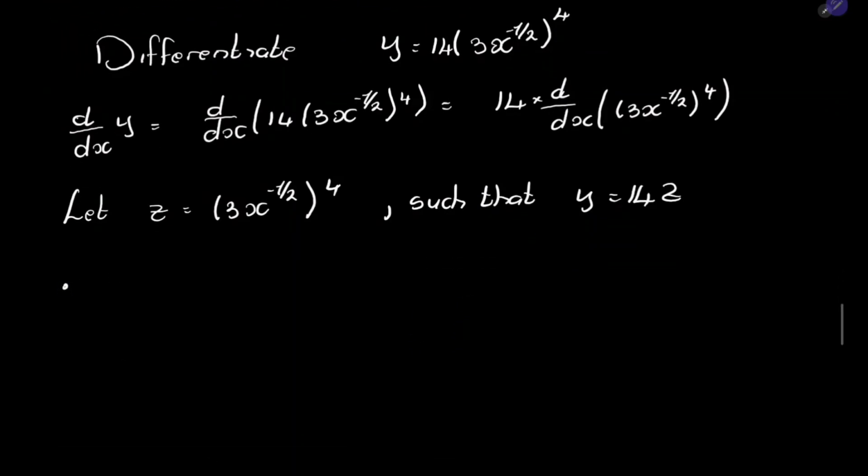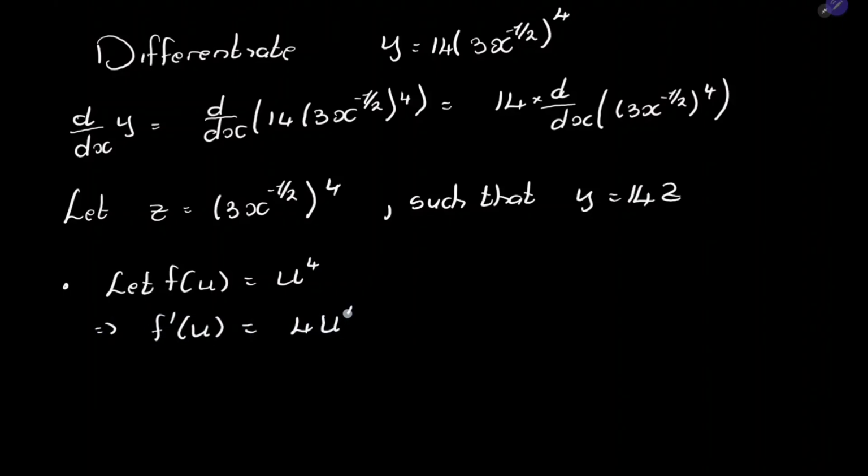First, find our outer function. Let f of u be equal to u to the power 4. This implies that f prime of u is equal to 4u to the 4 minus 1, which gives us 4u cubed.